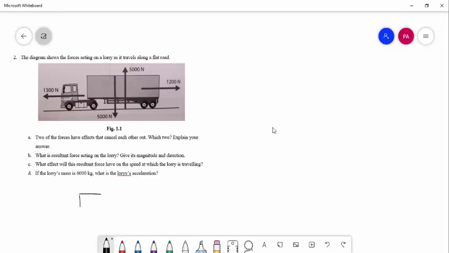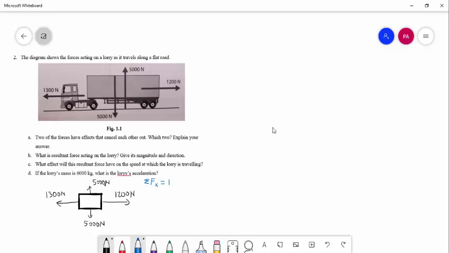We can say the lorry is like this one box, and we have 1200 Newton to the right, and we have 1300 Newton to the left, 5000 Newton down, and 5000 Newton up.